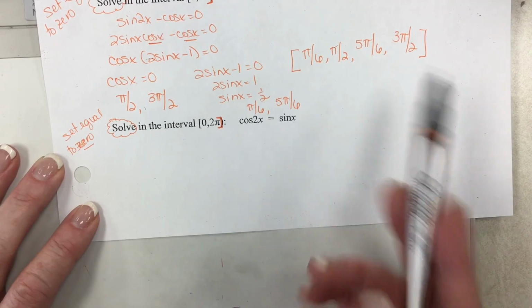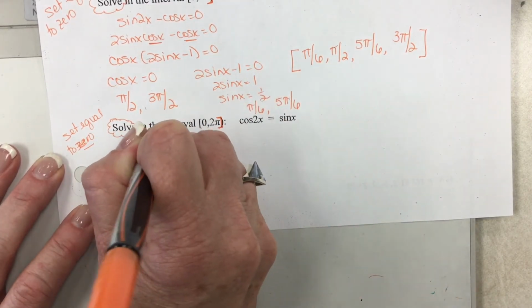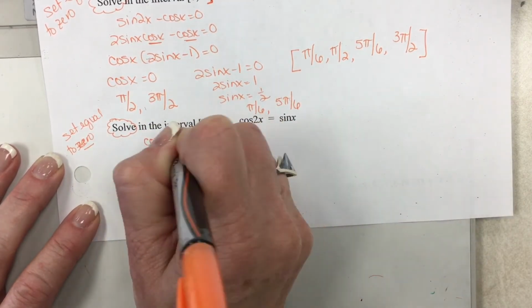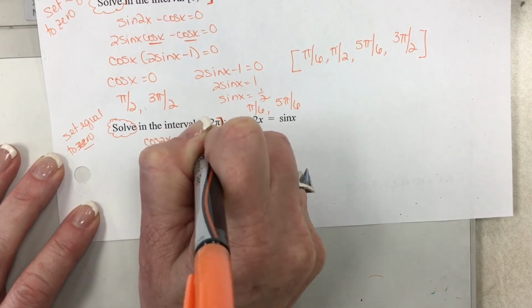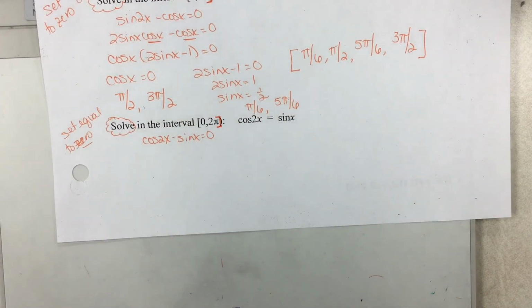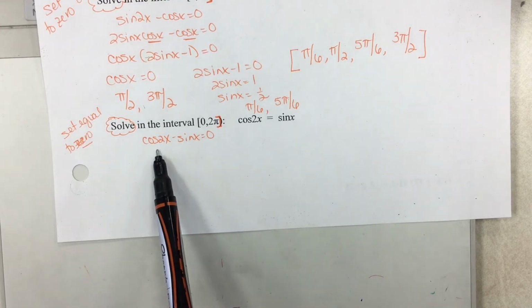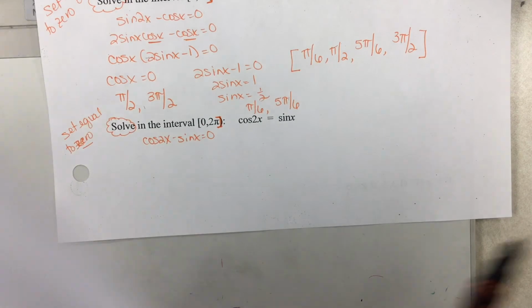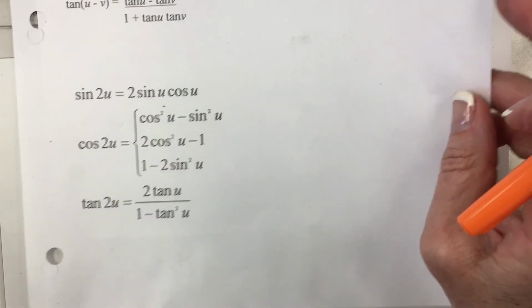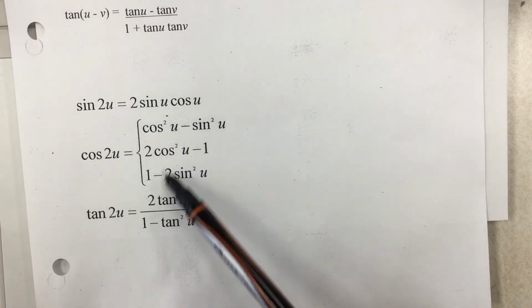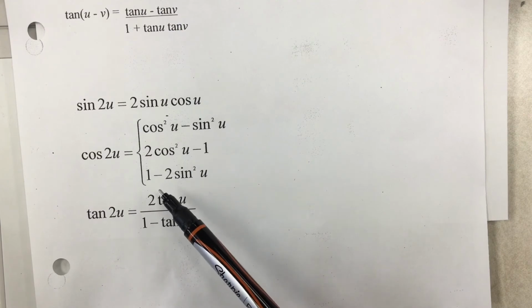All right, so my first step, I'm going to have cosine of 2x minus sine x equals 0. Okay, so I want to set that equal to 0. Now, I look at that and I say, where is my double angle? Is it with cosine, is it with sine, or is it with tangent? It's with cosine. So if I look here at cosine, here's your thought process.